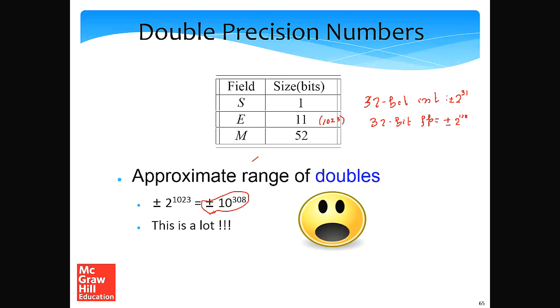So this is a lot, right? And we don't typically need more than this. So I can add a note over here that for a 64-bit double precision, what we have as double in C, we are roughly at plus or minus 2 to the power 1023, and this is roughly 10 to the power 300. This is roughly 10 to the power 37 or 38, and this is much smaller.